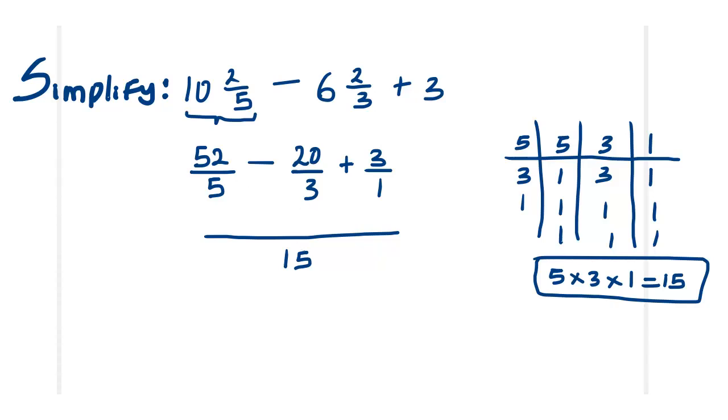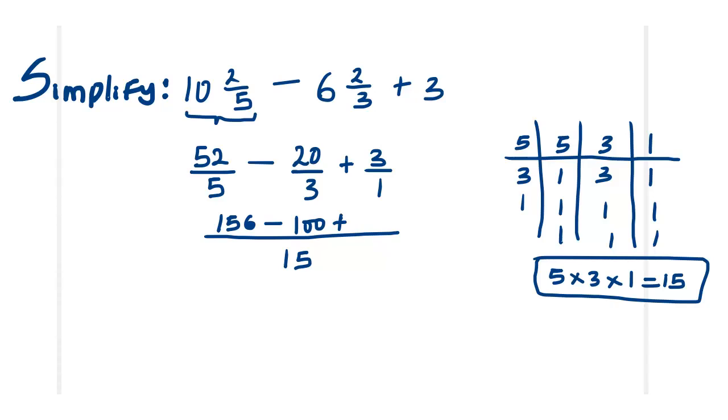So how many 5 can we see in 15? That is 3. Then that will now be 3 times 52, and this will give us 156, right? Minus 3 in 15, that is 5. Then 5 times 20, that will give us 100. This will give us 100 plus 1 in 15, that's 15.